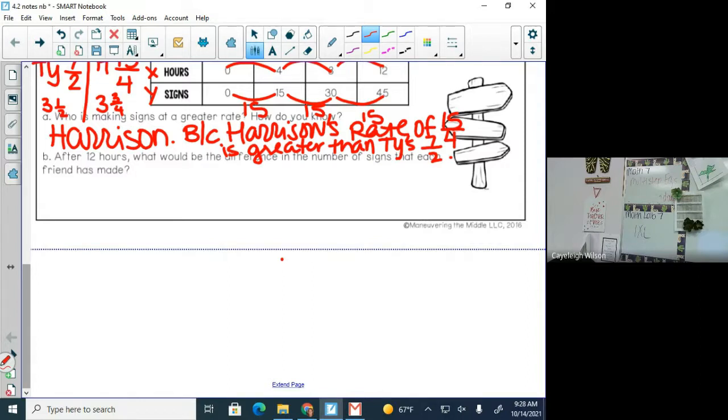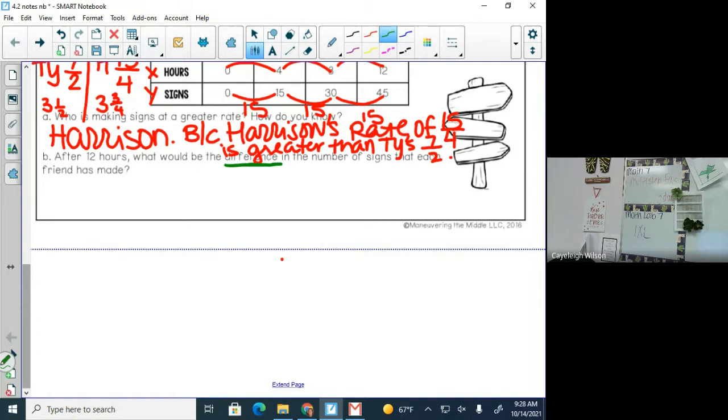All right, and then part B, it says after 12 hours, what would be the difference in the number of signs that each friend has made? Right, you already know. I was just gonna say underline difference. Yes, and difference is what operation? Subtraction.